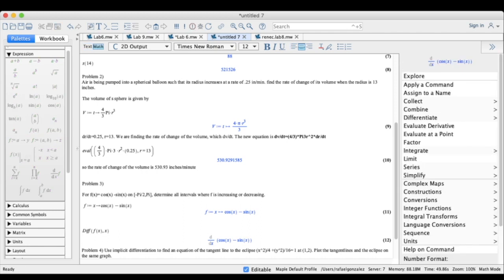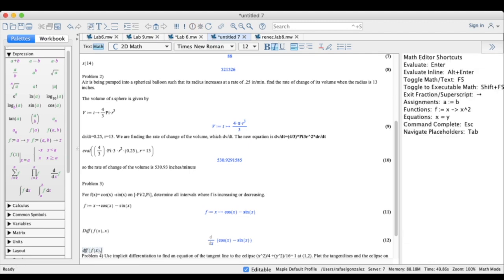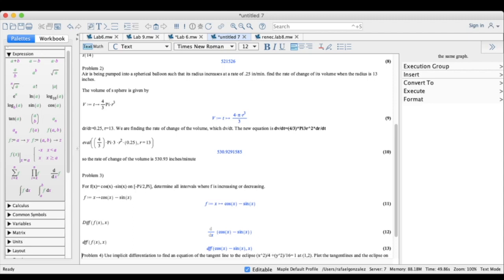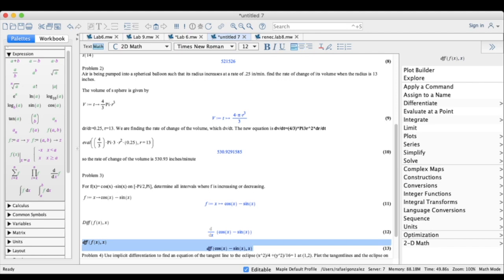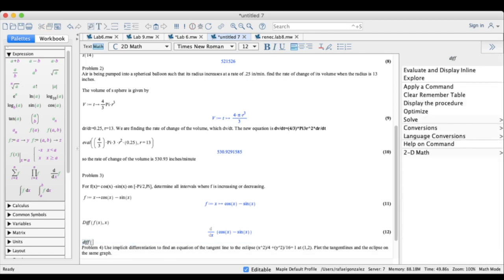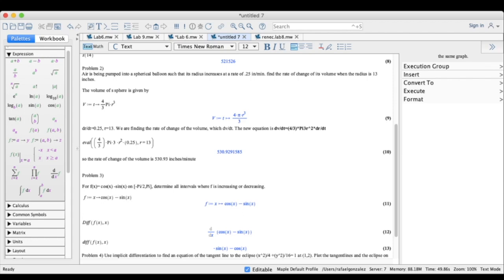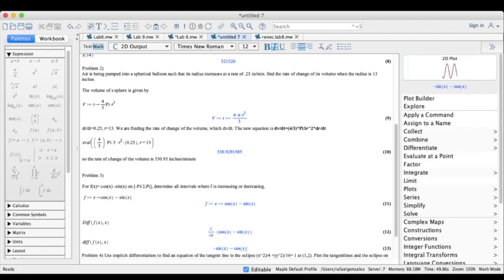So make sure you don't use a capital D. So diff f of x, x. And we have that the derivative of f is given by negative sine of x minus cosine of x.